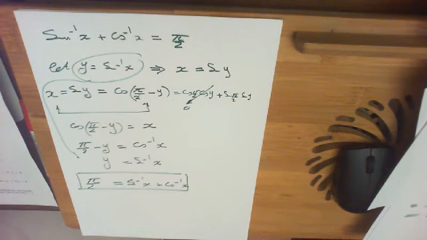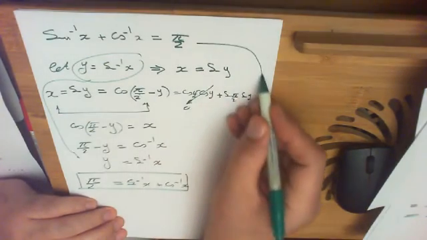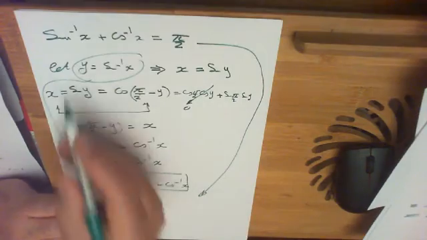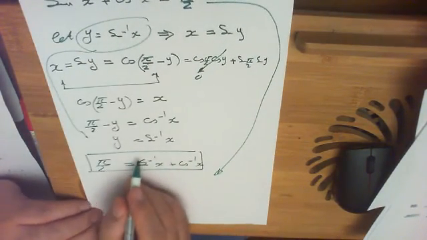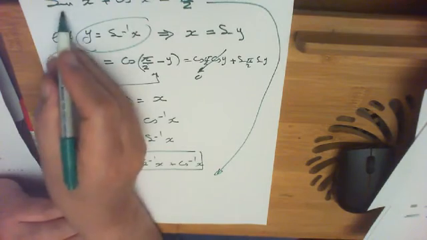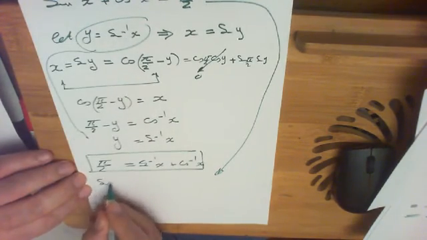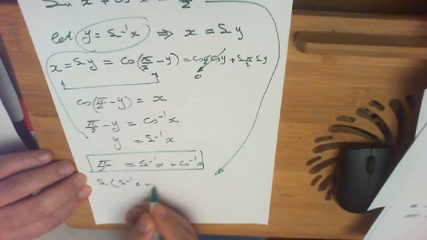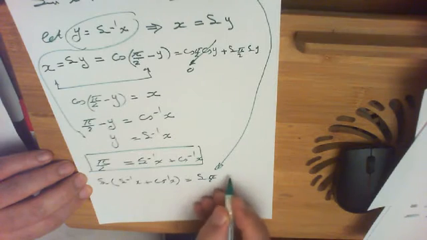Someone of you may think of another solution, which I don't prefer, but I mention it for you. Take the sine of both sides. The sine of both sides: sine of sine minus 1 x plus cosine minus 1 x equals sine pi by 2, which is 1.